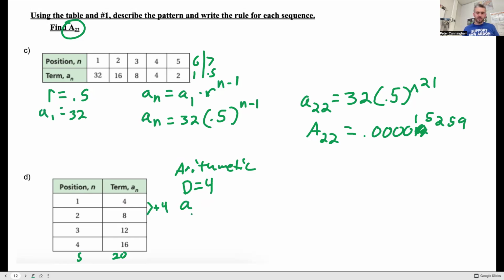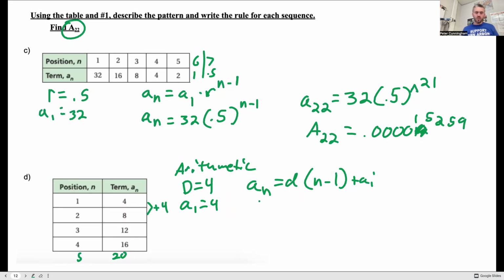But if you know the first term, which is 4, and you know the difference, you can plug this formula in. So you can say, again, A of n equals the difference, n minus 1. So that's our previous term, plus our A1.